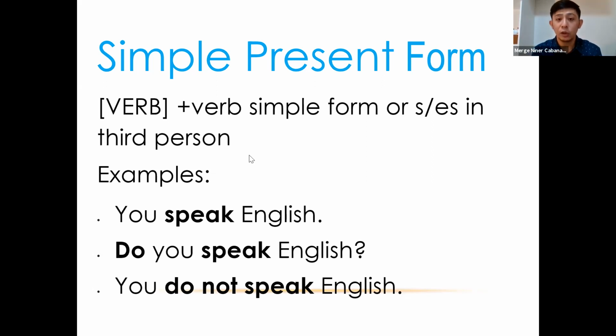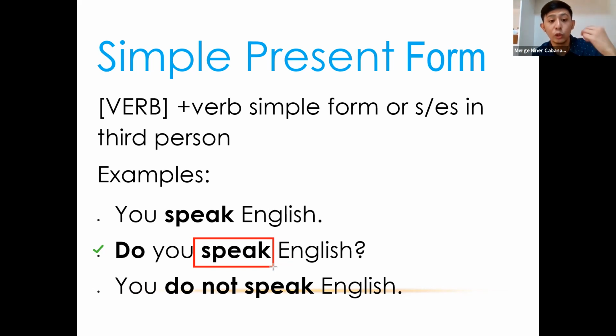Remember, if your verb contains this special action word, do, whether it's do or did or does or doing, if it contains any form of the do verb, all the verbs after this should be in the infinitive form, meaning you will not add S or ES anymore.